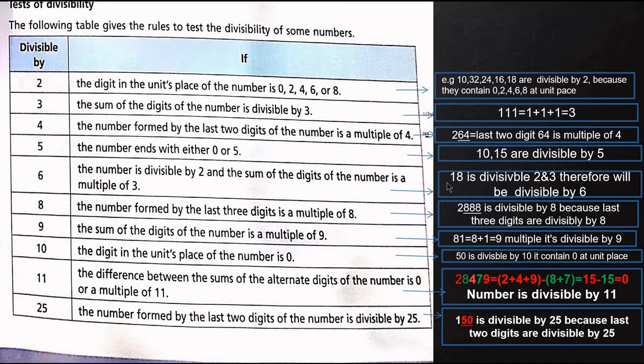For example, 18 is a number which is divisible by 2, and its digits are 1 and 8. 1 plus 8 will give us 9.